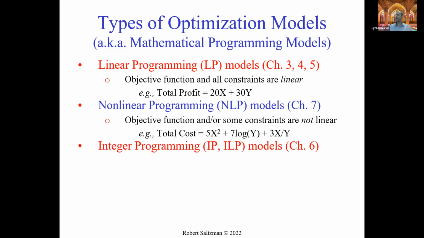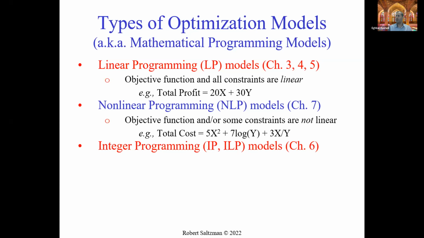The other type of model that we have, and they're very popular, is called integer programming or integer linear programming, ILP, which we're going to cover in chapter 6. In these models, some of the decision variables can only take integer values. So they can't take fractional values.